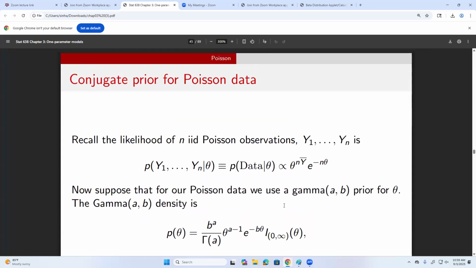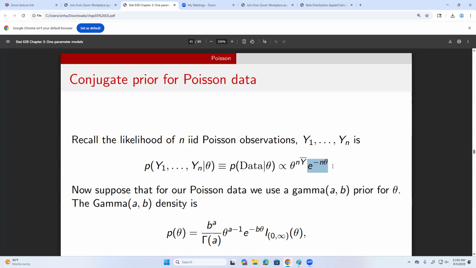Next, we will talk about Bayesian inference. Recall the likelihood of n IID Poisson observations y1, y2, yn is p of data given theta, and it is theta to the power n y bar e to the power minus n theta.